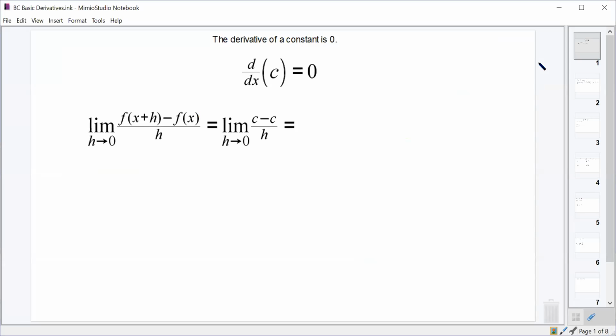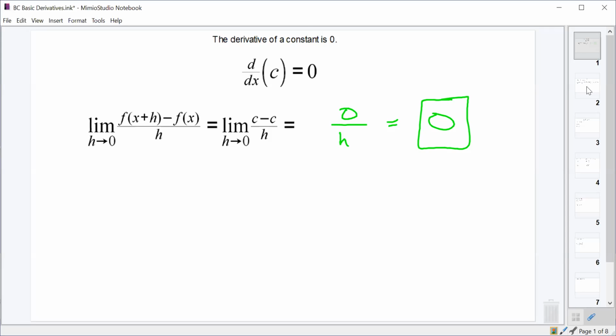The first one we need to know is that the derivative of a constant is always 0. It should make sense because if our function is a constant, then f of x plus h is the same as f of x. They're both just that same constant, and the constant minus the constant in the numerator is 0. We get 0 over h, or just 0. The derivative of any constant is 0.